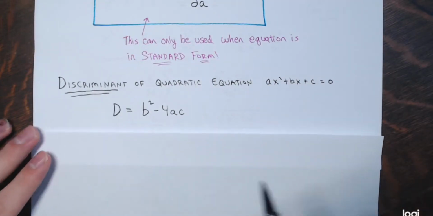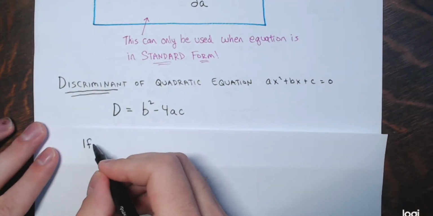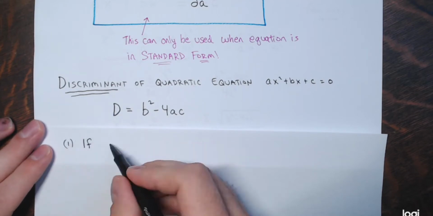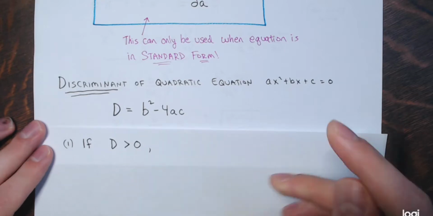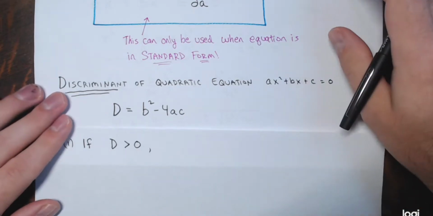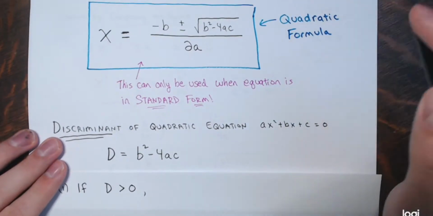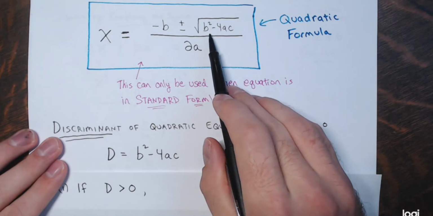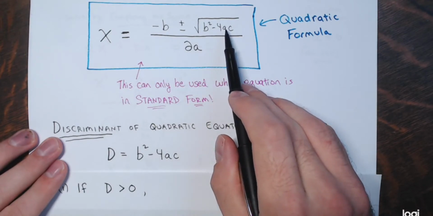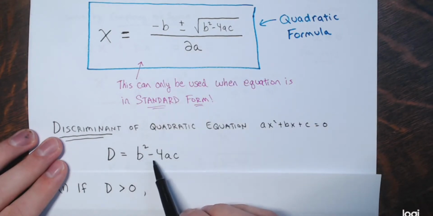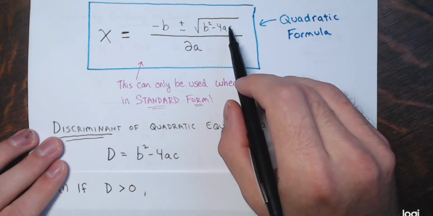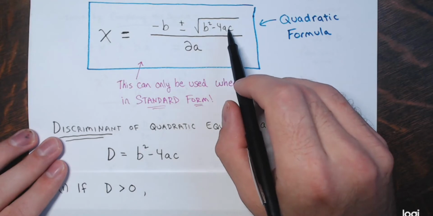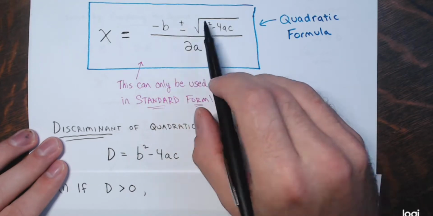So if this discriminant is positive, well, that means you're taking the square root of a positive number. Remember, the b squared minus 4ac is under the square root in the quadratic formula. And the square root of a positive number is real. And you'd have two real solutions.